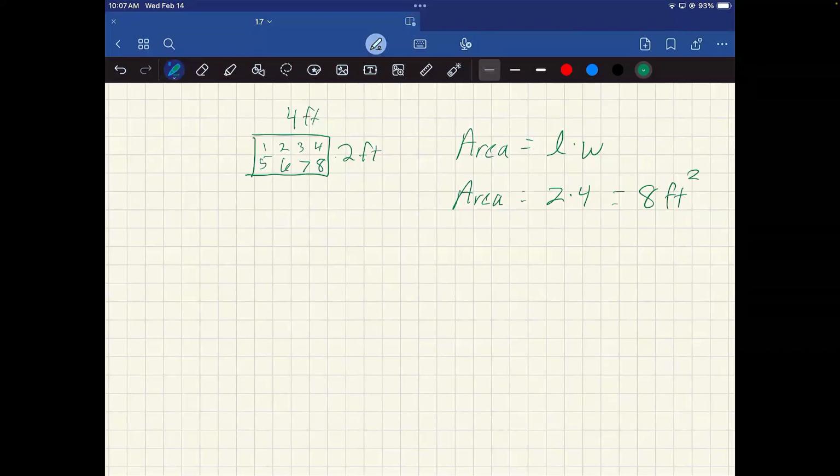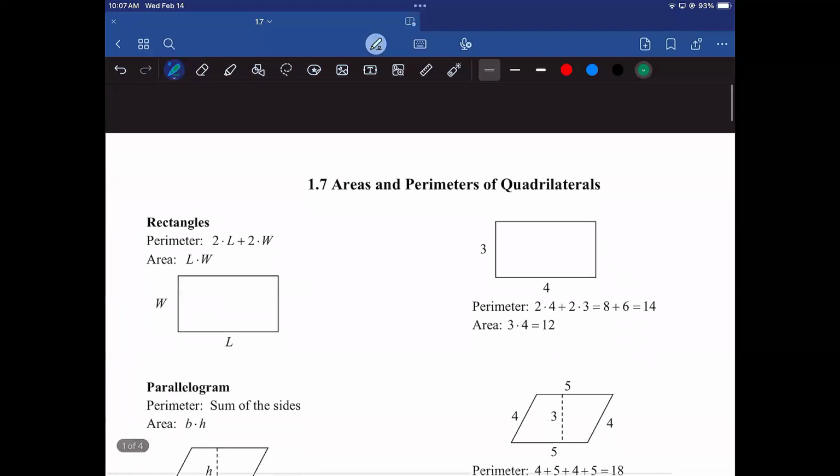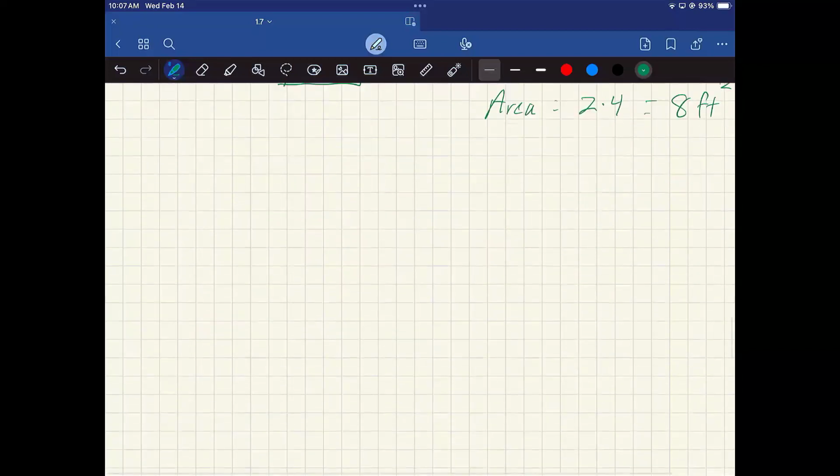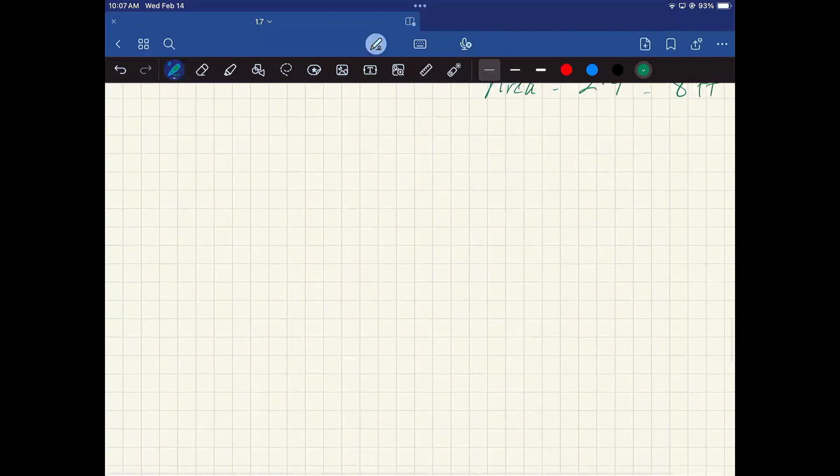Now I'm going to do something very rude because I'm assuming that we're starting to get an understanding of how many squares fit in that shape, right? So I'm going to call this side the width, this side the height, but I'm going to change the letters or the length to be rude. Isn't that rude?